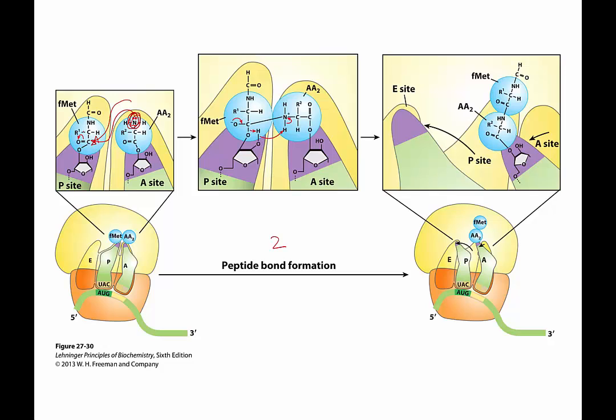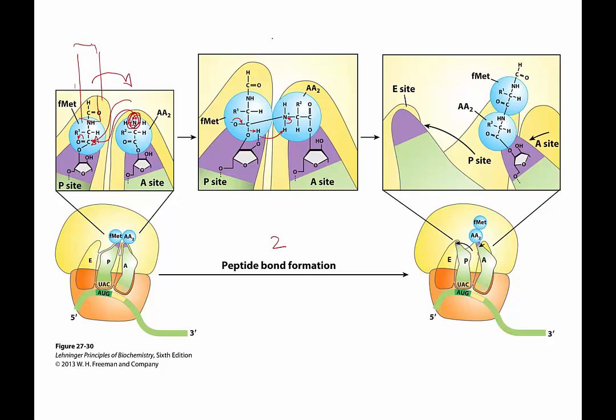In this case it's just a single amino acid, but in the case of a growing polypeptide chain, this could be a polypeptide chain out here. But here we're just forming the first peptide bond, so this is just our fMet. And so what happens is everything that's over here in the P site gets transferred over to the A site. That's what you wind up with here.